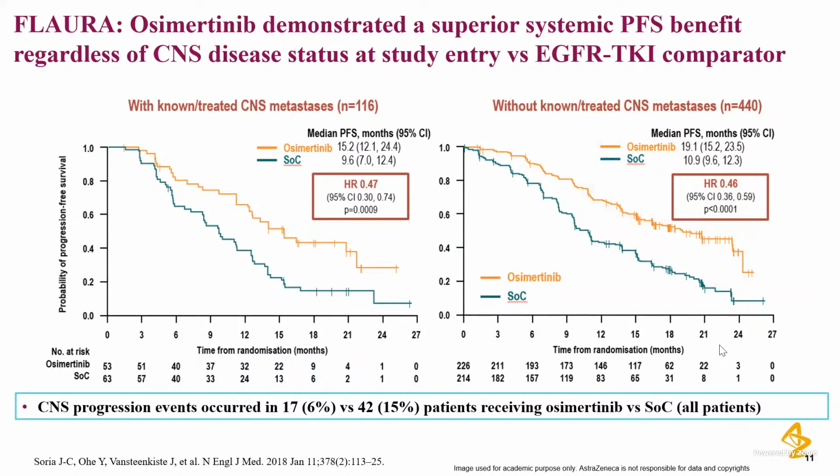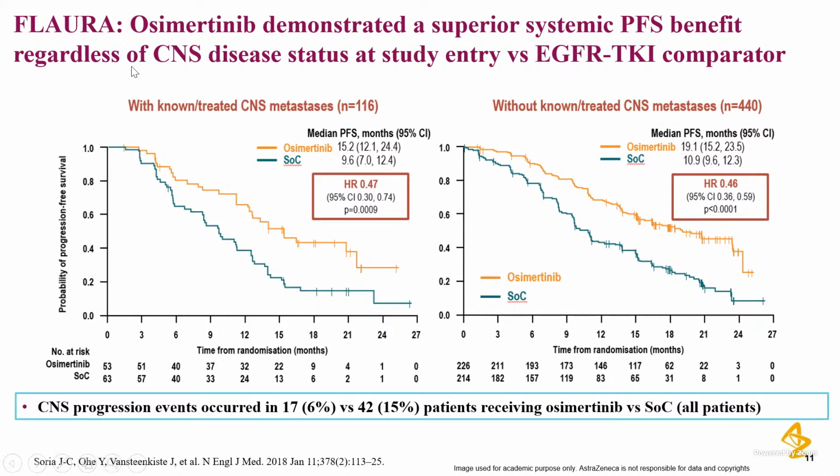So osimertinib demonstrated a superior systemic progression-free survival benefit regardless of CNS disease status at study entry versus the EGFR TKI comparator. You can see here, with non-treated or treated CNS metastasis, median PFS with osimertinib is 15.2 versus 9.6 with standard of care, and hazard ratio is 0.47.